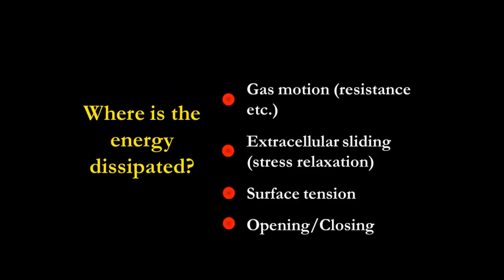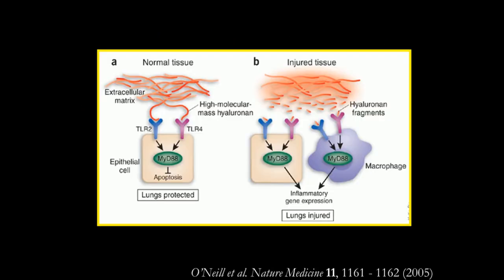And I want to continue. When we start to break the extracellular matrix, we have the hyaluronan and so on, which are fragmented. You are going to measure all these kinds of components. They go through the toll receptors and they start the inflammatory response.